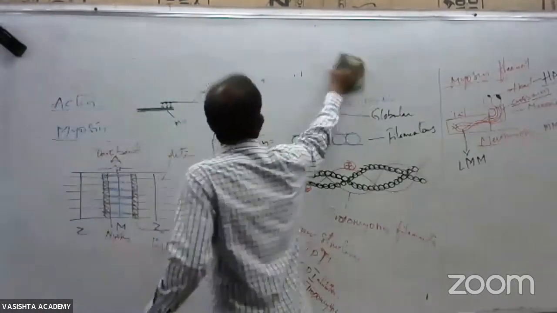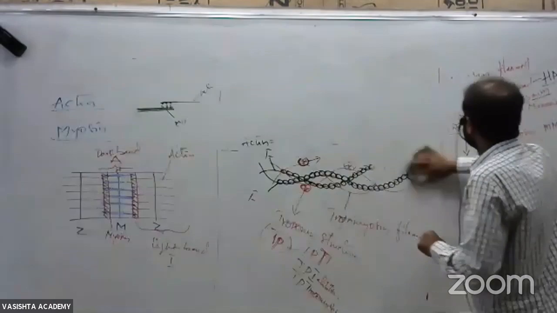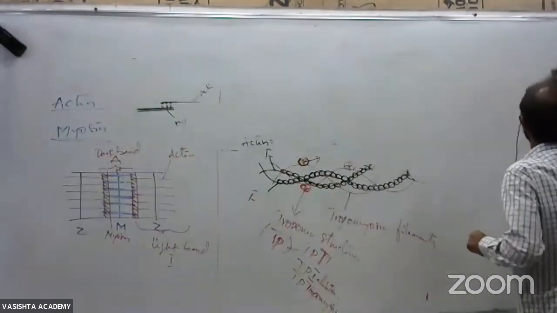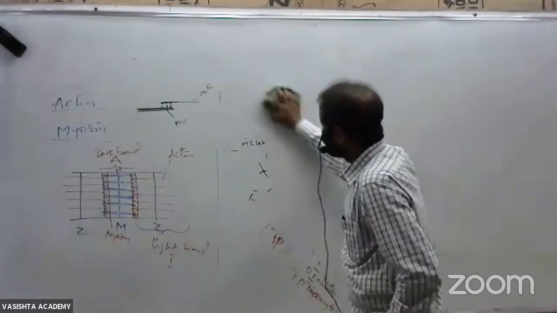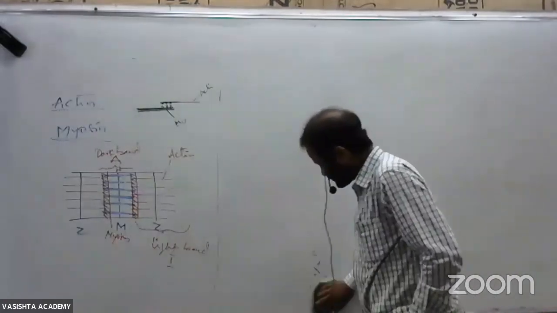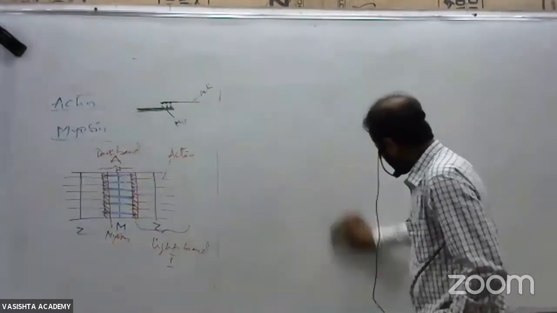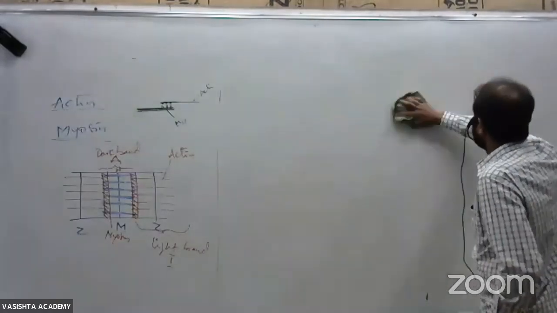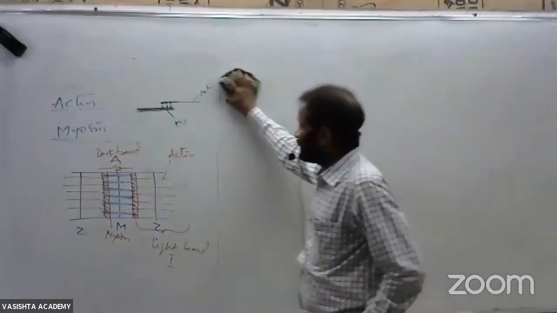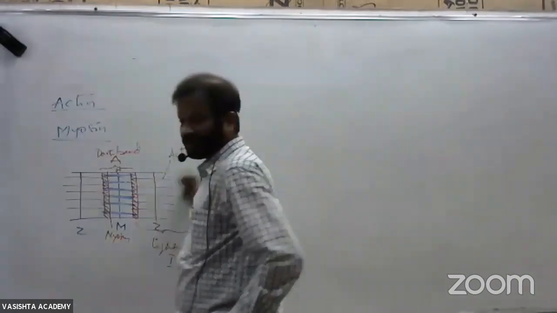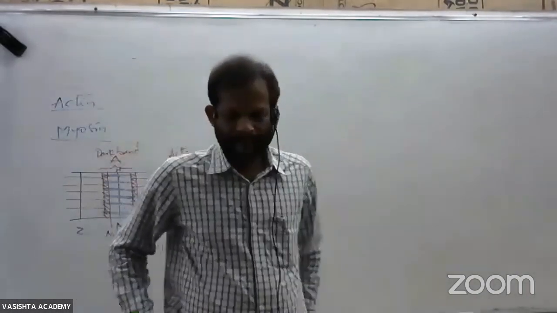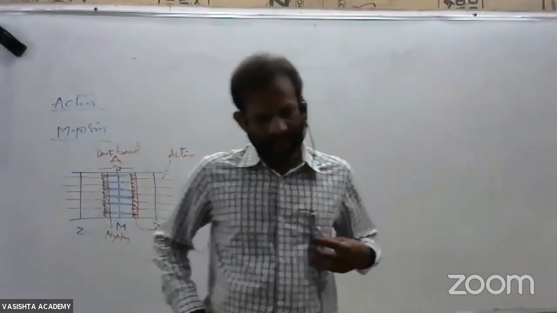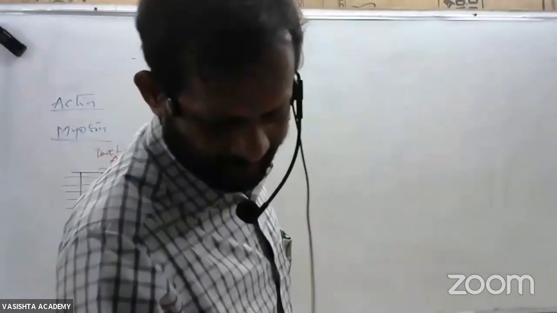Right now, with this understanding, let us see how the muscle works, how the muscle contracts. If you have any doubts or are not understanding, don't worry. We can see again. I will explain.